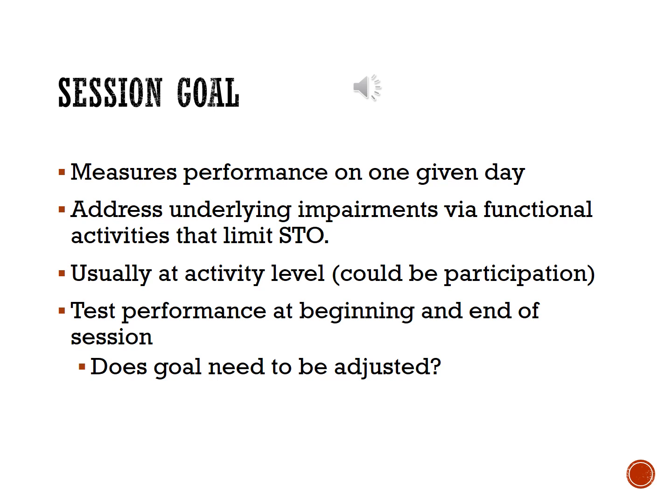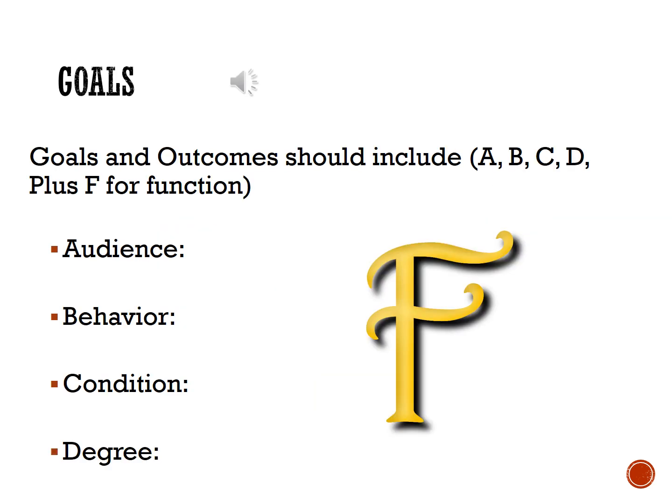If it didn't go as you anticipated, that gives you the opportunity to then adjust anything that you need to adjust from an outcome perspective or from an intervention perspective, so that you can have an effective session. And then certainly looking to retest that at the end of your therapy session to be able to document their status on that particular session goal.